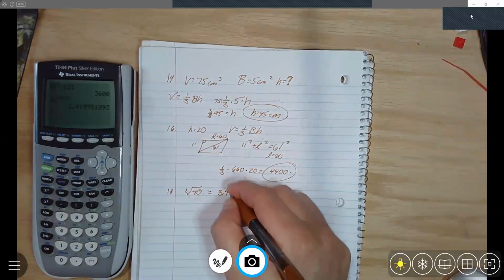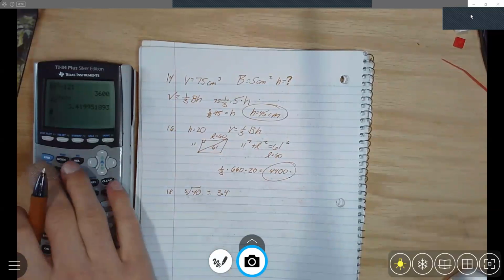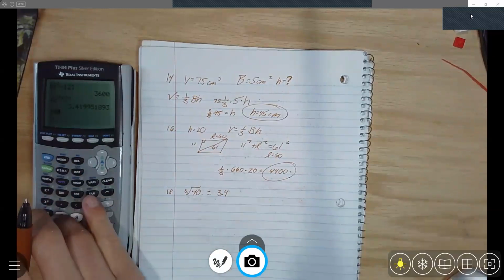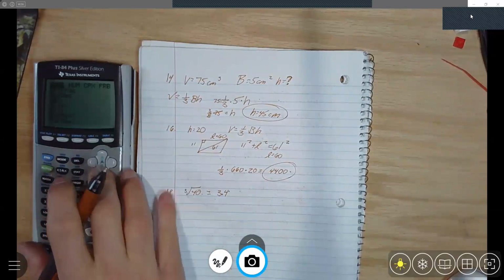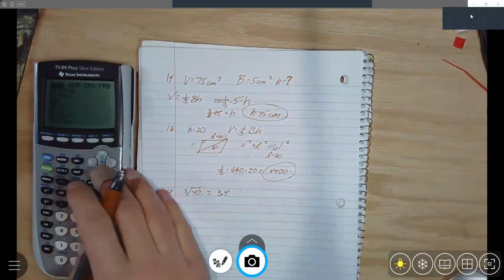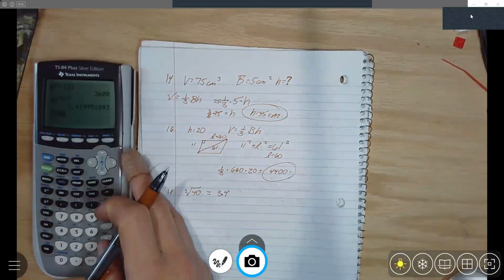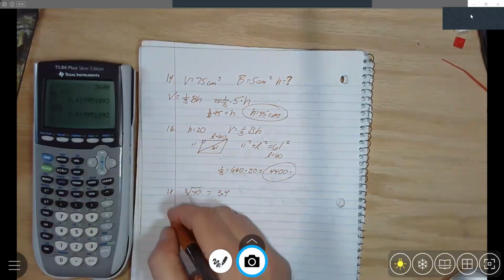It says nearest 10th, so 3.4. Or you can go to the math menu, and this is cube root here, and then type in 40. So whatever suits your fancy.